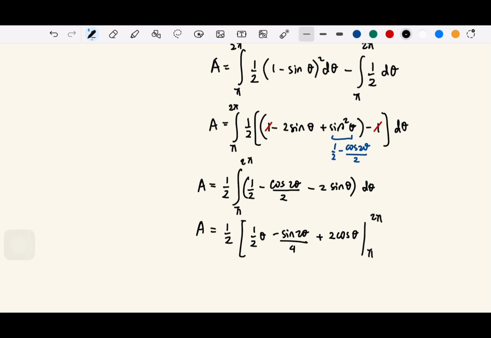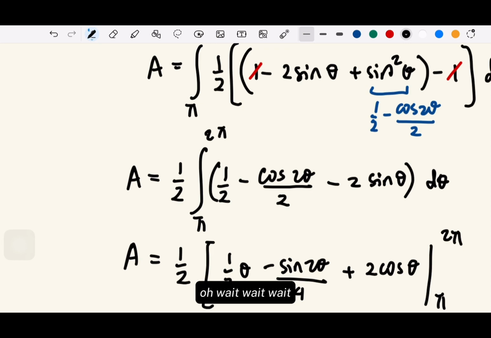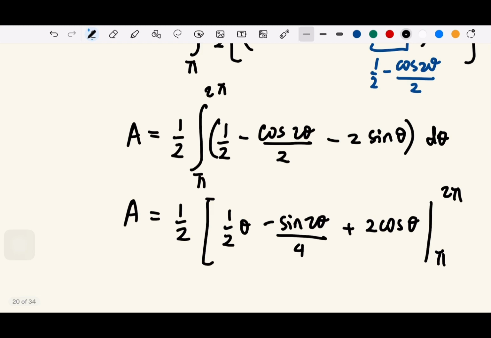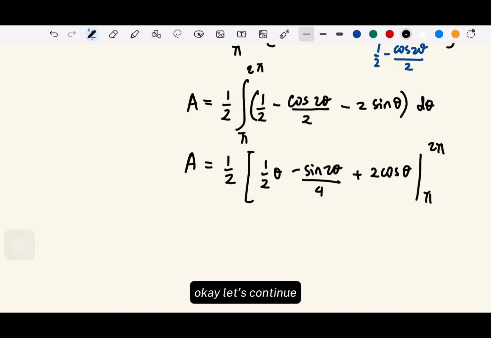Sine squared minus 2 sine is okay. Cosine 2 theta. Oh, wait, this one. Cosine, sine. Okay, it's correct. Okay, let's continue. This half.